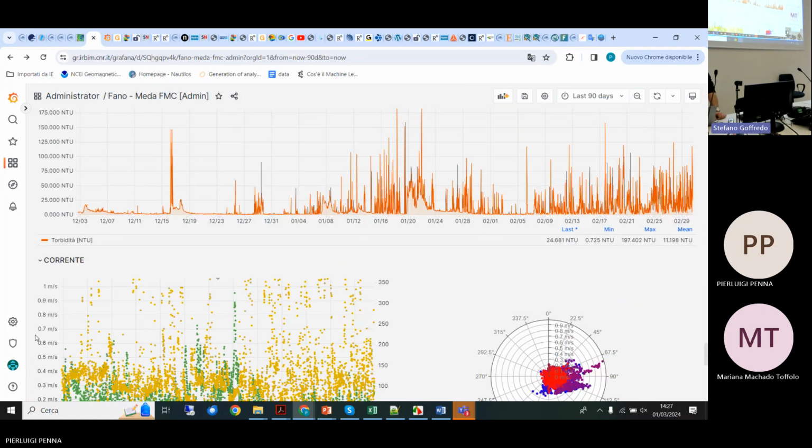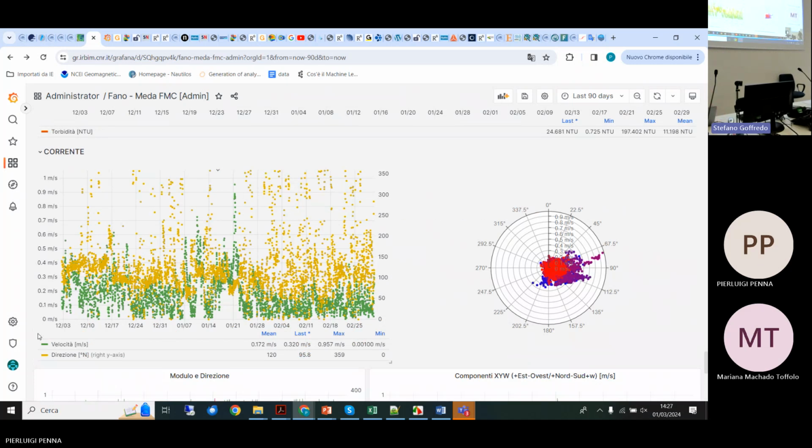Water current, we installed a single point at 2 meters, so it's just the current in the water. It's not the water profile with the ADCP, because we haven't the money to buy an ADCP. So we have 1 point, but it's about the most important phase of the water current in the surface.